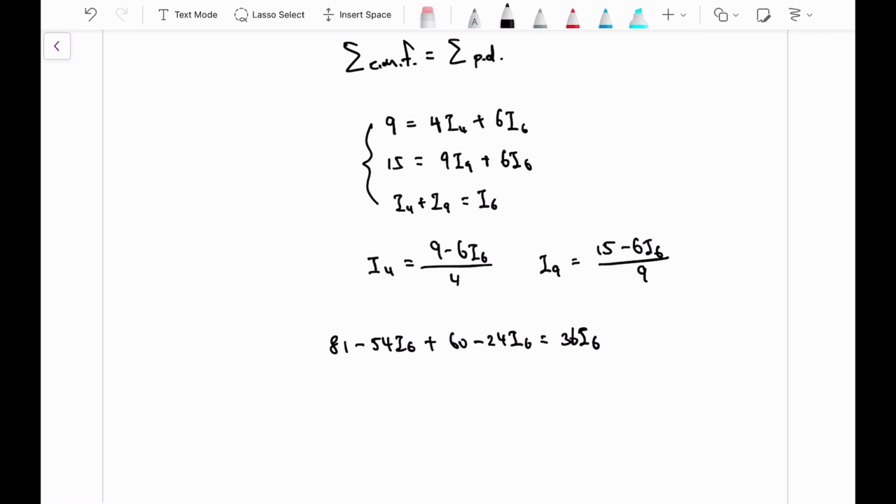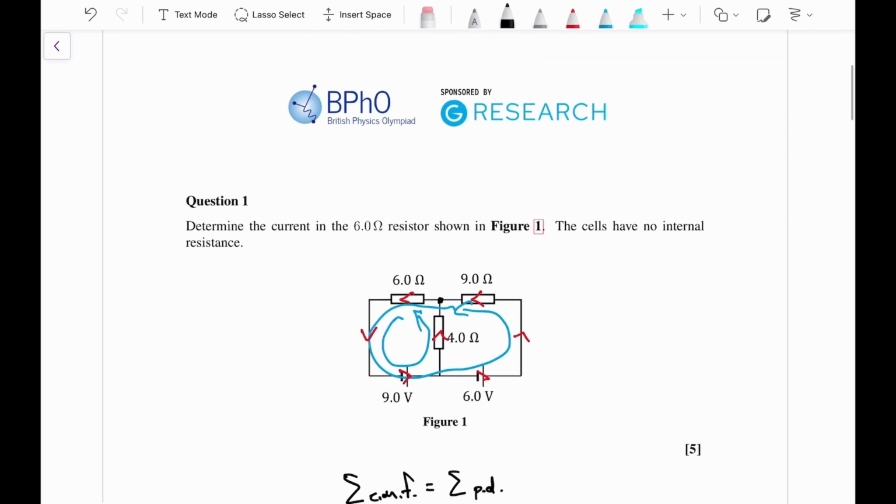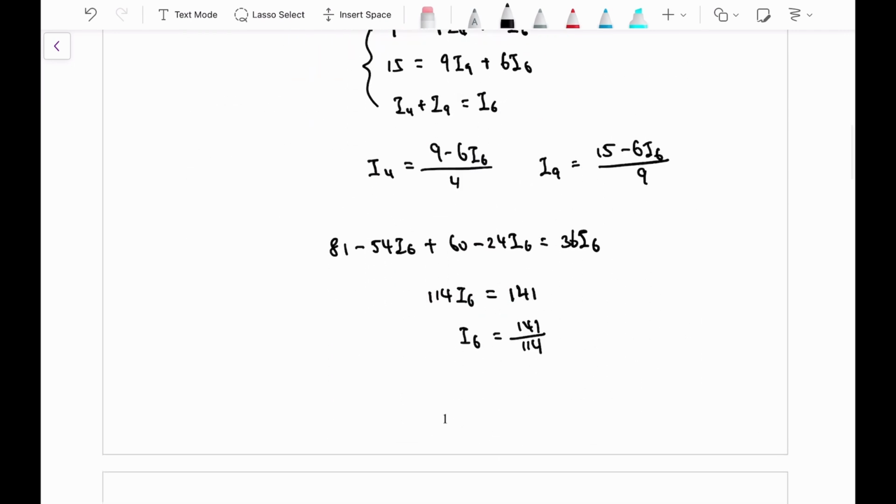So over here, 36 plus 24 plus this is 78, and that will be 114. And then this is equal to 141. So therefore, I6 will be equal to 141 over 114. And I'm not going to convert it into decimal. So over here we have the answer, so in amperes.